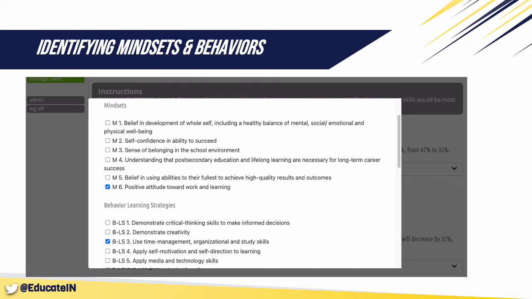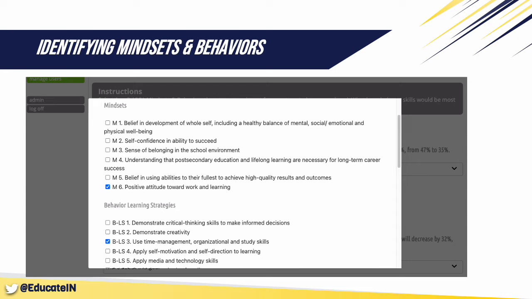For example, if your goal addresses an attendance issue based on student attendance data and a large number of students reported in a needs assessment that they are experiencing a great deal of stress and anxiety, you might consider selecting the behavior from the mindsets and behaviors related to self-management and demonstrating effective coping skills when faced with a problem, or perhaps demonstrating the ability to overcome barriers to learning. You may select more than one mindset or behavior to focus on for your student outcome goal. However, it's best to limit it to 1 or 2.